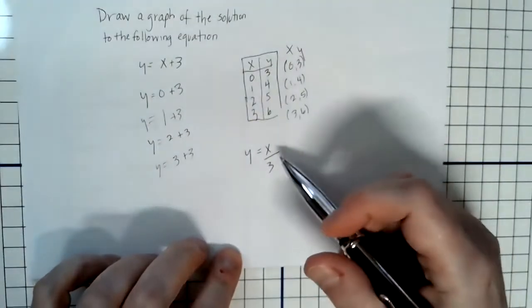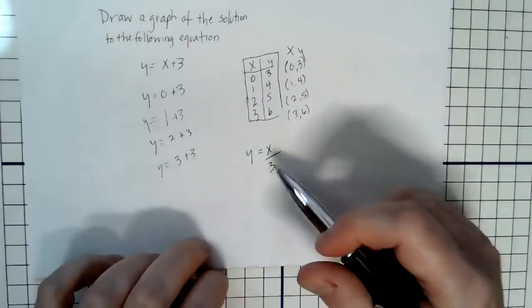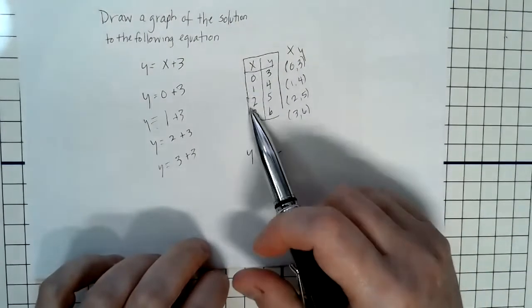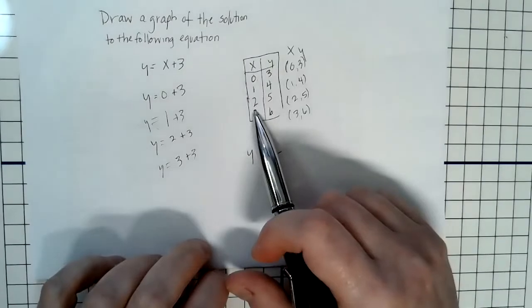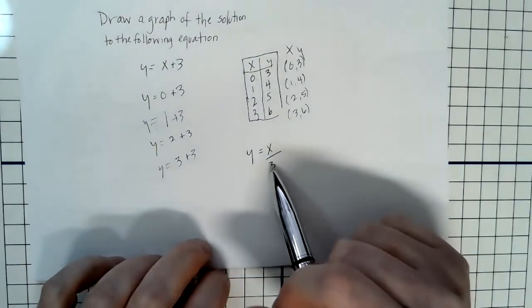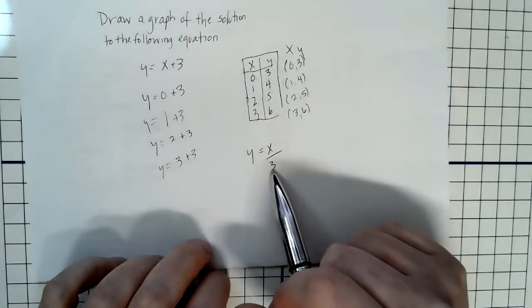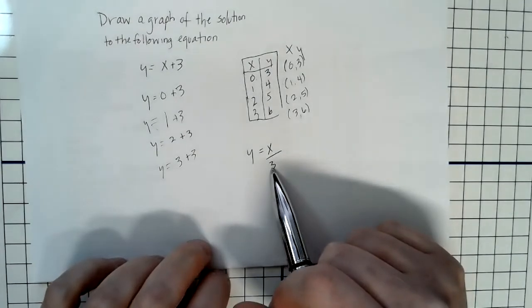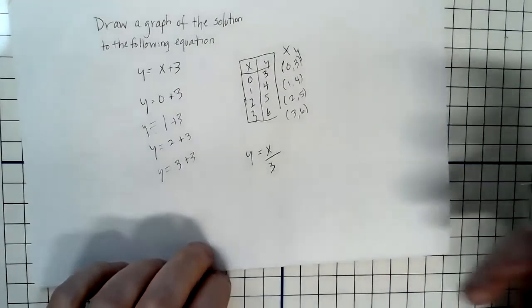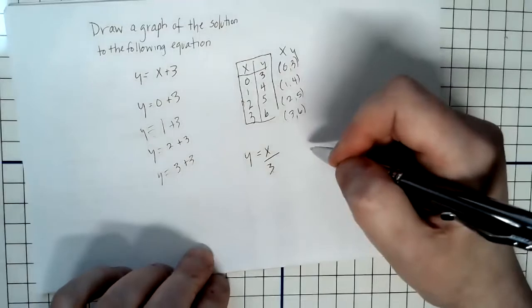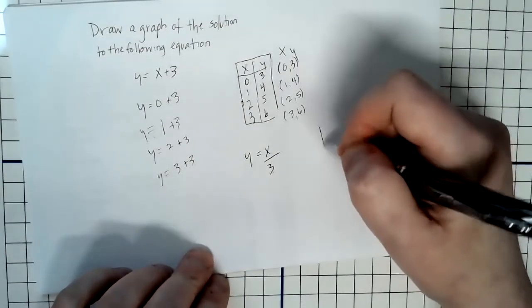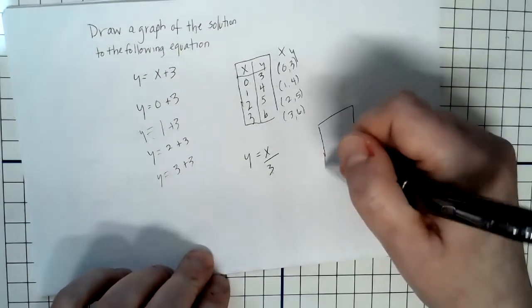Make sure your x is divisible by 3. Like here, you could just do random numbers and keep them low because it's easier. But here, you've got to have a number x that 3 goes into evenly. Otherwise, you're going to have a fraction, decimal. Nobody wants that nonsense.